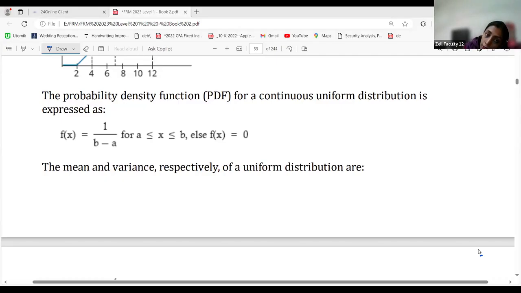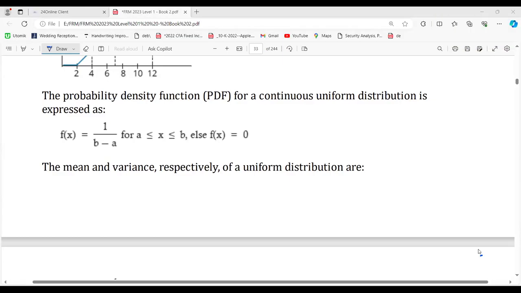B. So to find the probability of each range, that is between, let's say, x1 and x2, or to find the probability of x between a and b, what did you do? You did 1 divided by b minus a. So 1 divided by 6 minus 2 is 1.